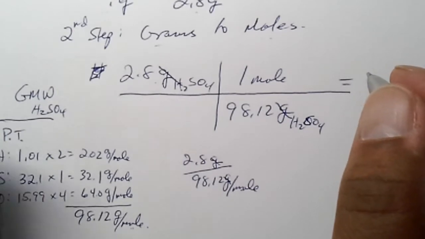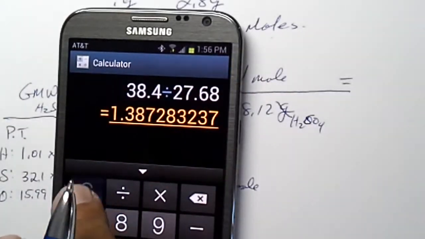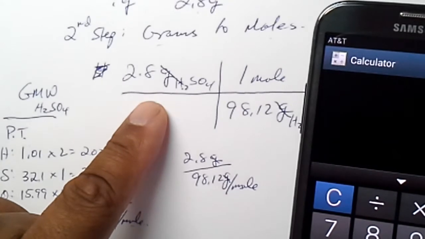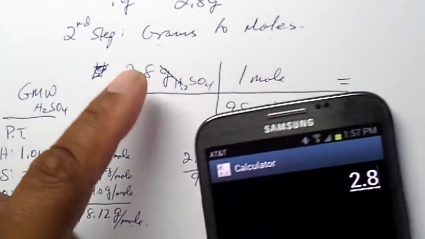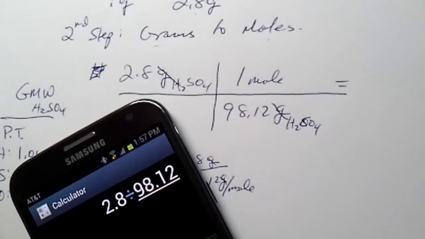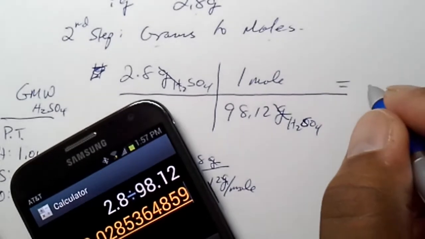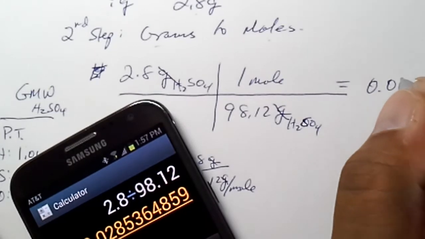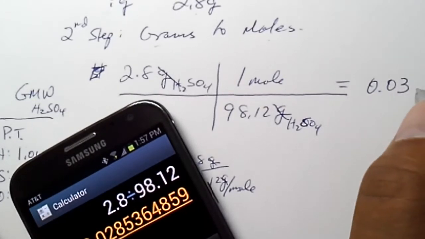If we take our number 2.8 and divide it by 98.12, our answer will be 0.03 moles.